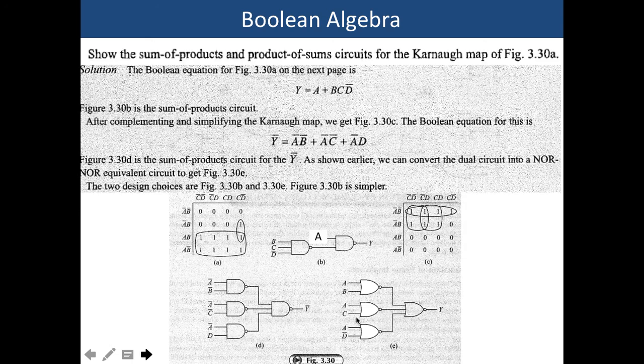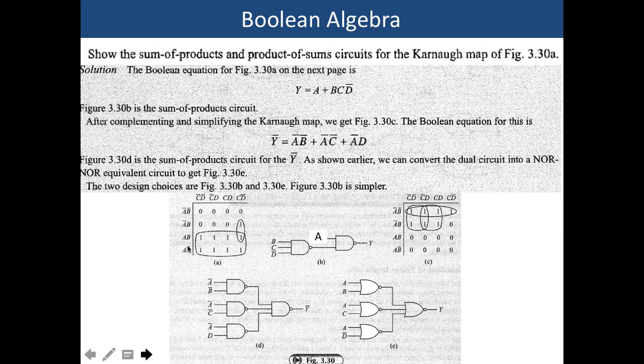Let's take one example. The sum of products and product of sums circuits for the K-map in figure 3.30a. So let's make a grouping of ones. This is one octet and this is one pair. From the octet the common is A, plus, and we will not take any variable from this because it's continuously changing.